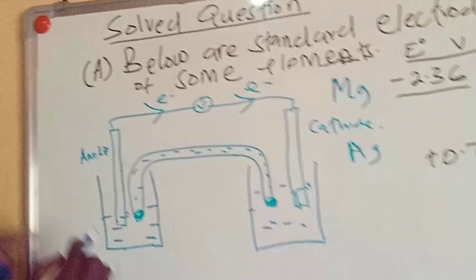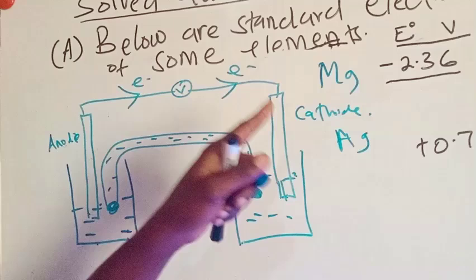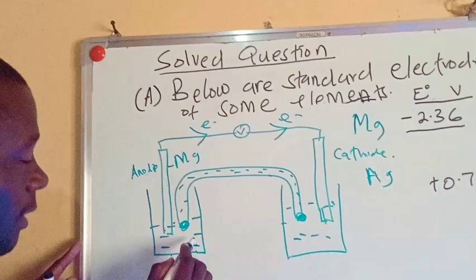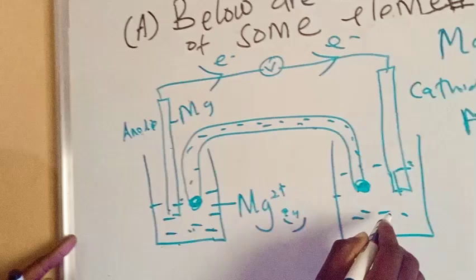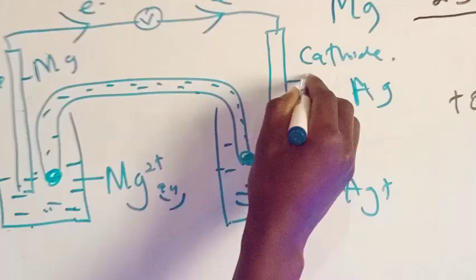Then on the anode side, the electrode will be our magnesium. The electrolyte will be the same as the ions of the electrode, so it will be magnesium ions. Then this will be our silver ions and this will be our silver electrode.